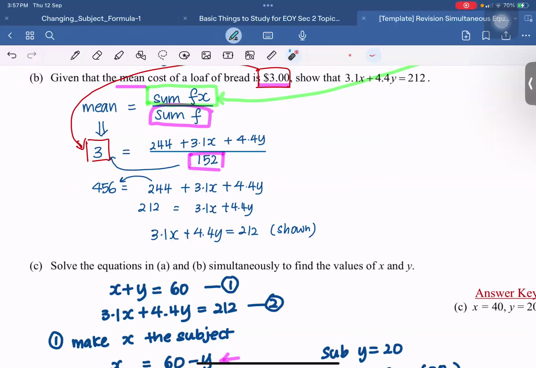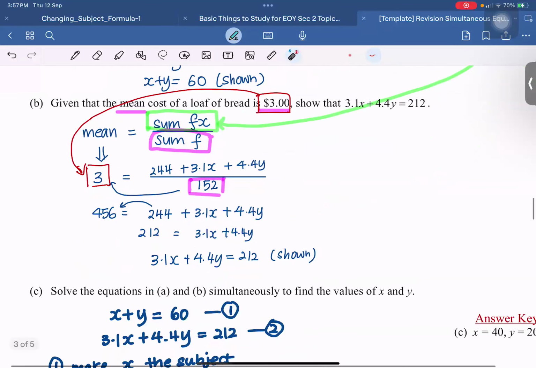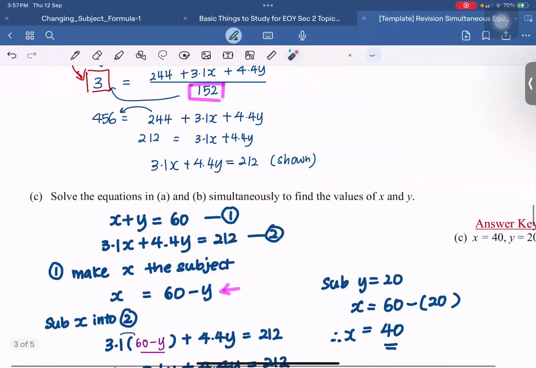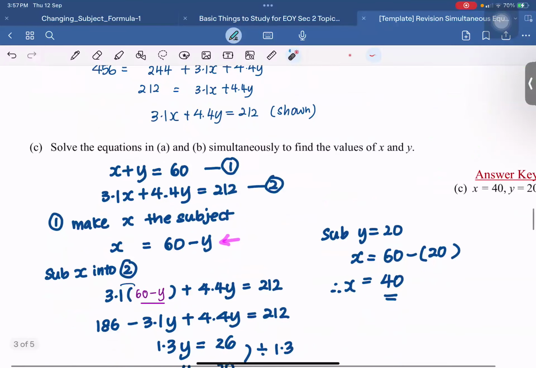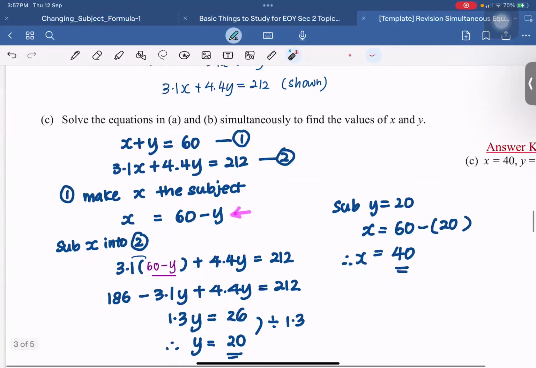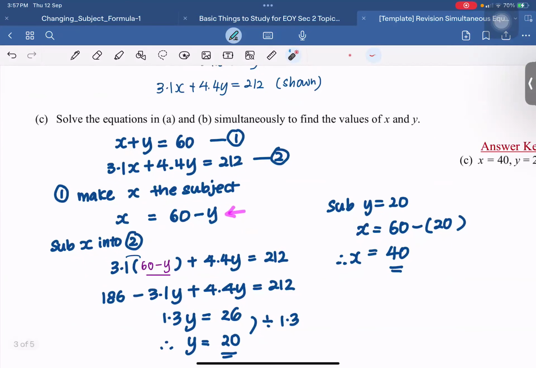Even if I can't do part A and part B, I can still solve my simultaneous equations at the bottom. With my two simultaneous equations, I have x and y. Either you can do substitution or elimination, up to you. When I went through this with my Sec 4 students, they chose substitution.